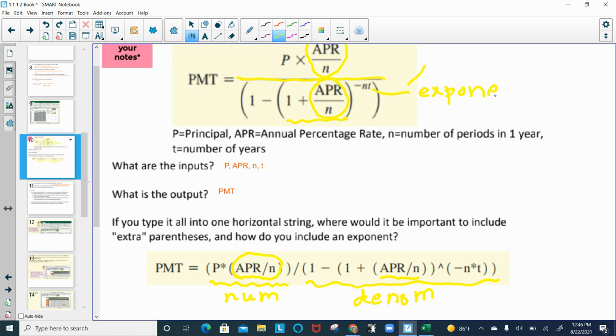Hopefully most of you know that you're going to use the caret for an exponent. And you can see that here. But again, they've put that entire exponent into parentheses. And then the whole denominator, 1 minus all of that stuff, is in parentheses.